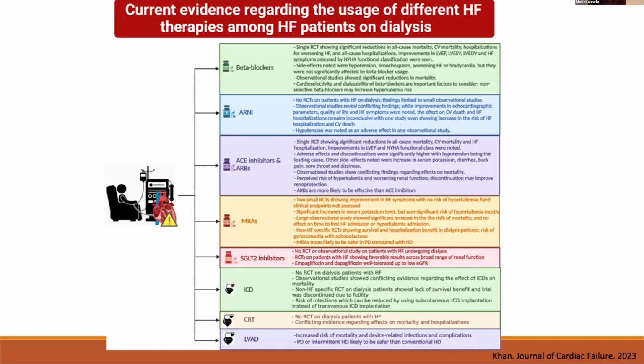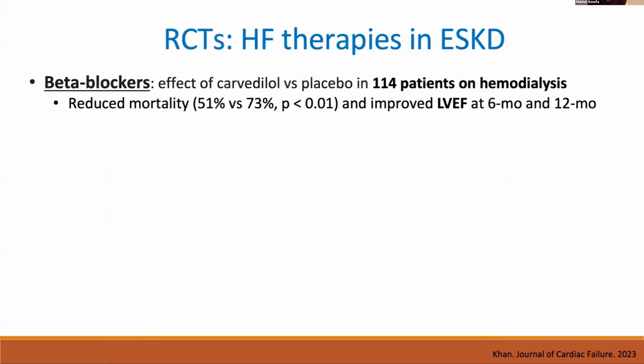ESKD patients have been left out of a lot of the randomized controlled trials showing effects and benefits of these therapies. I will highlight 3 areas that do in fact have some randomized controlled trial data showing effects of these therapies in dialysis patients in the next couple of slides here.